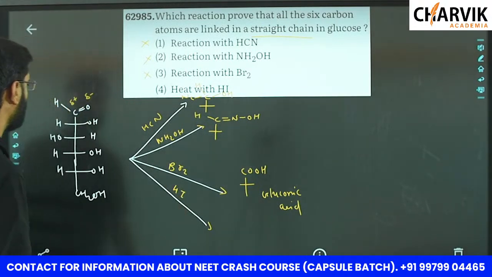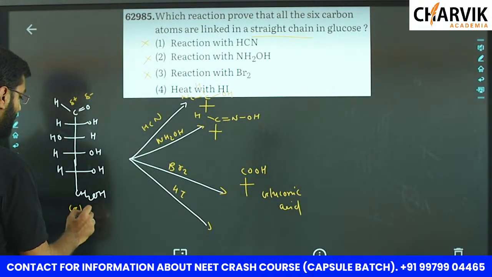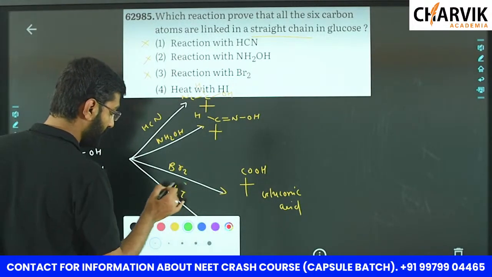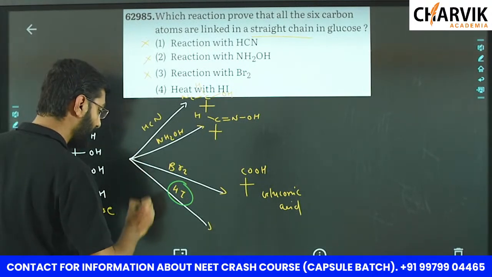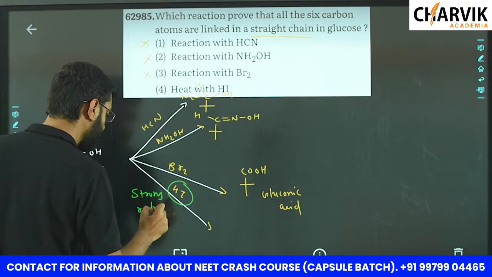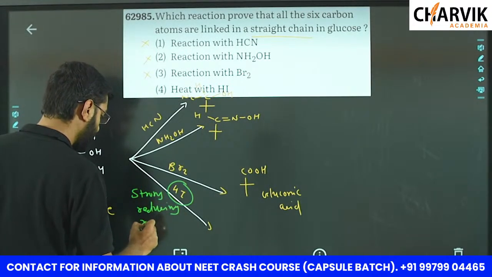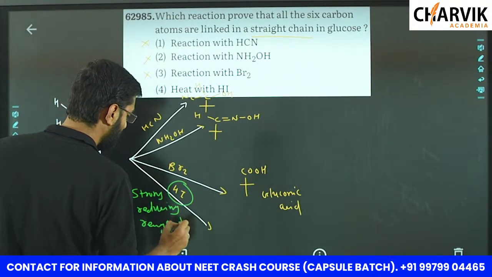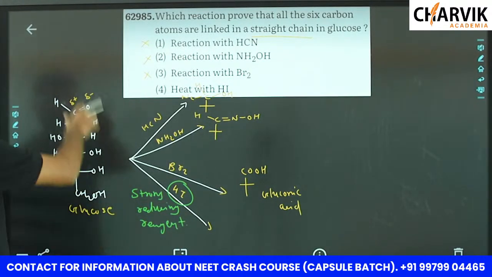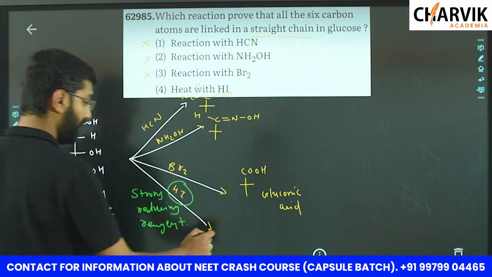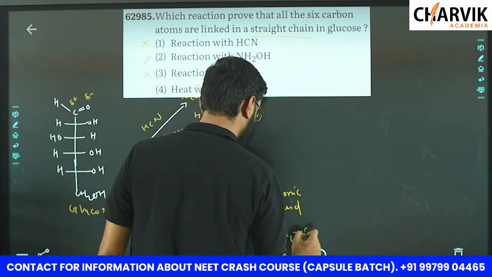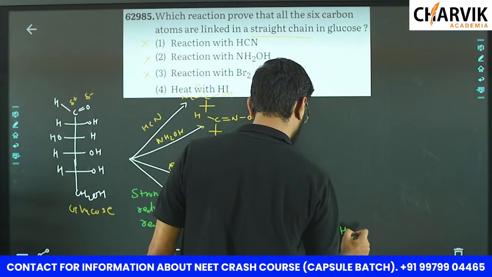If you react glucose with HI, then, as you know, HI is a strong reducing reagent, right? So HI reduces the whole glucose and it is converted into CH3, CH2, CH2, CH2, CH2 and CH3.